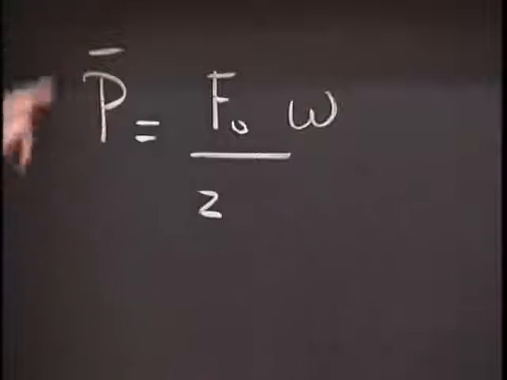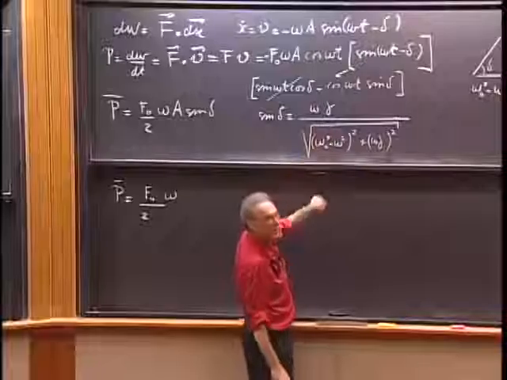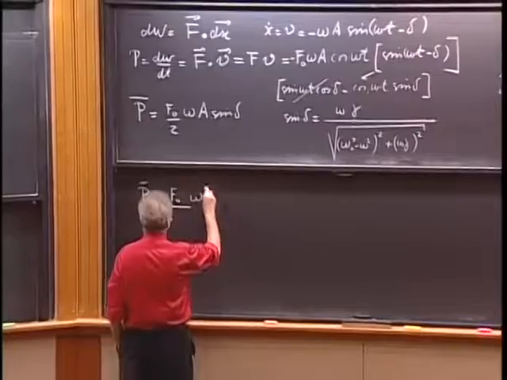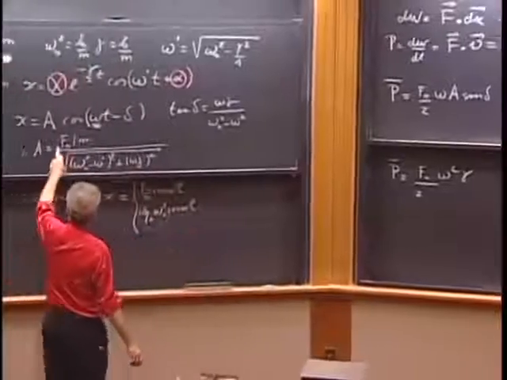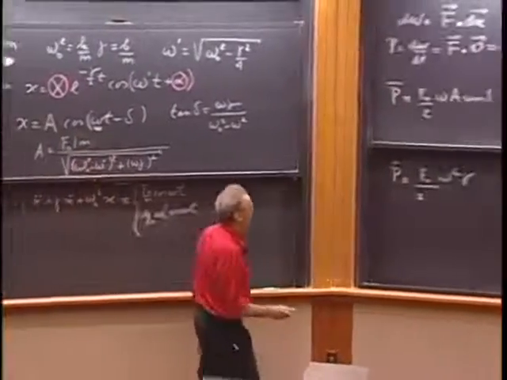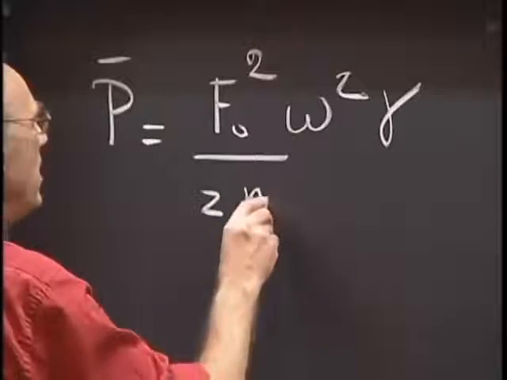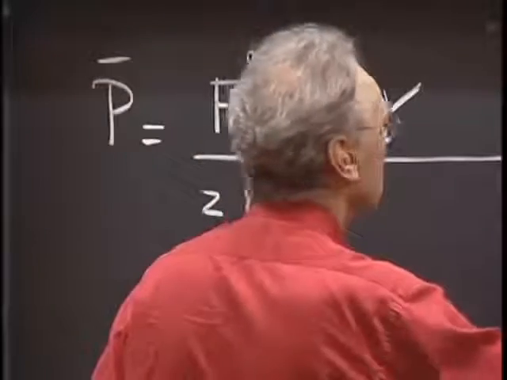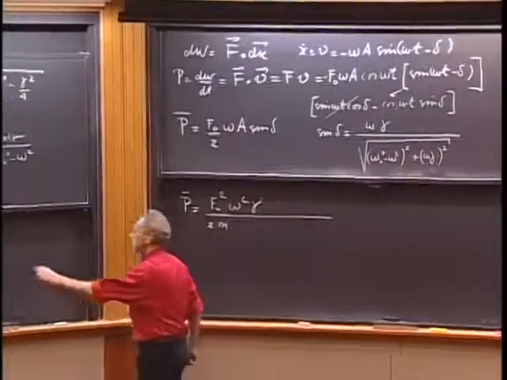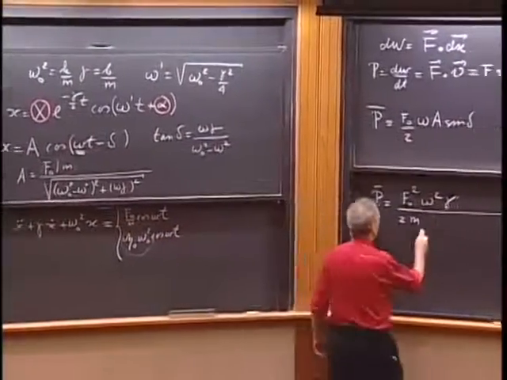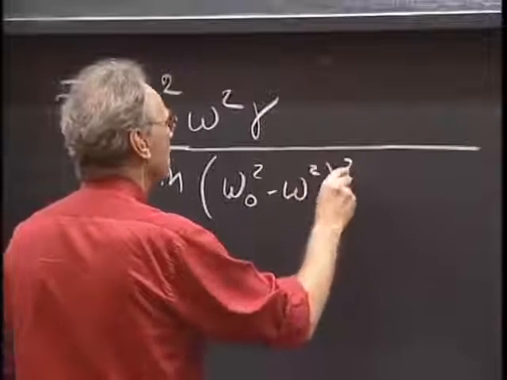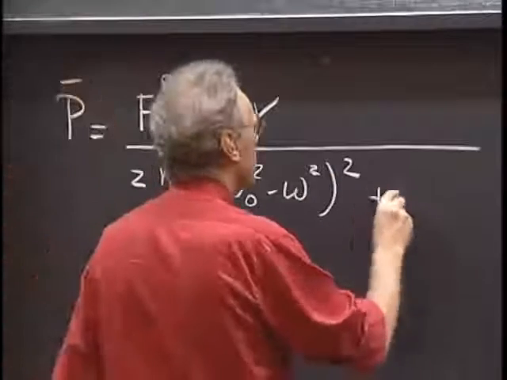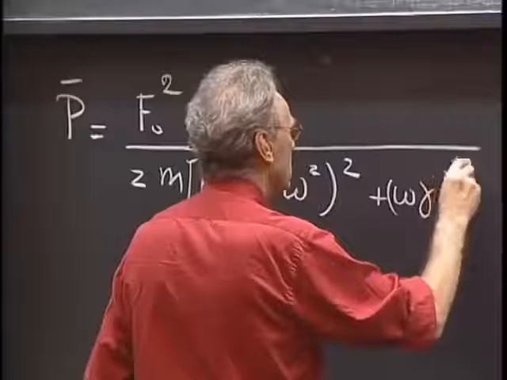I get an omega. I will go to the A very shortly. I will first pick omega gamma here, which is my sine delta. So that makes this a square, and I get a gamma. And now I turn to the A, which is an F0 over M. So I get a square here, and I get an M here. And now I get this downstairs times this downstairs. The square root disappears, and so I get omega 0 squared minus omega squared plus omega gamma squared.